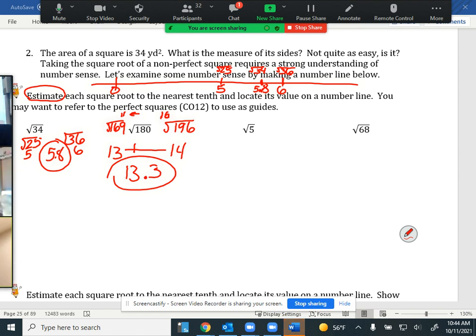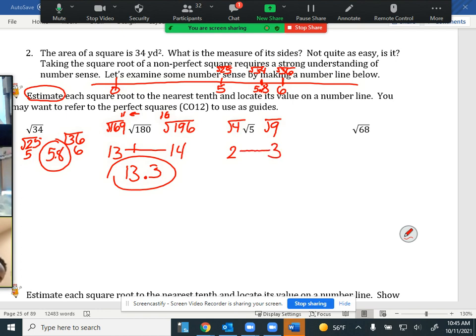So let's do another one. Square root of 5. If we're looking back at the table on page 24, we know there's the square root of 4 and the square root of 9. So square root of 4 is 2, square root of 9 is 3.